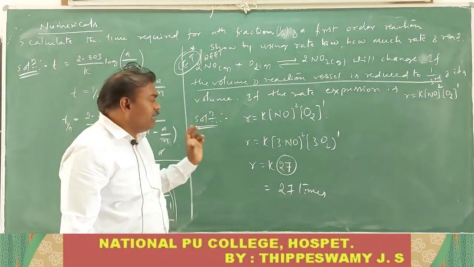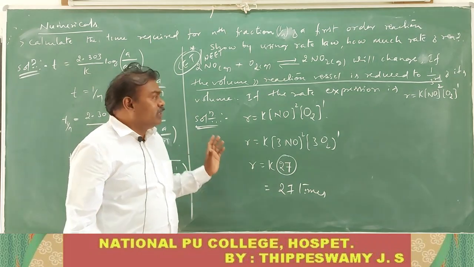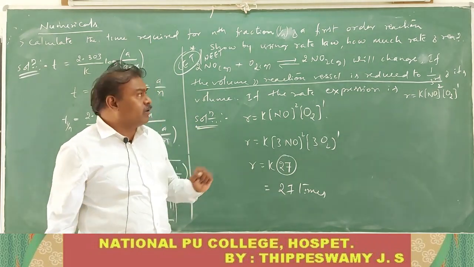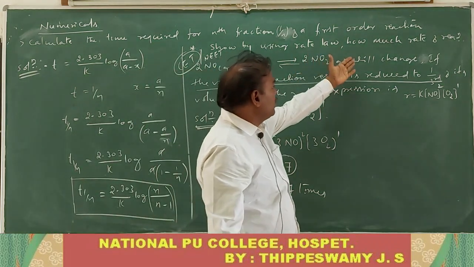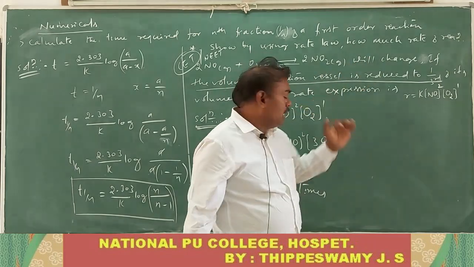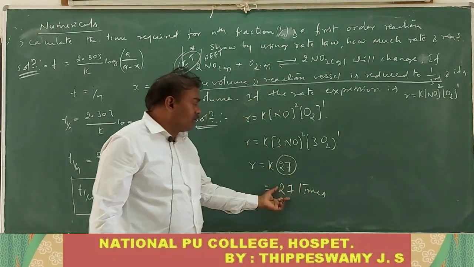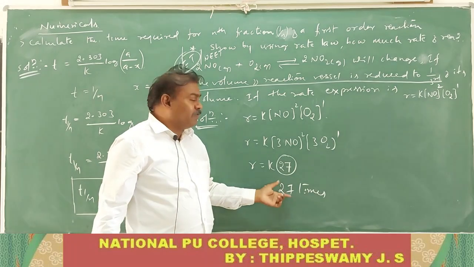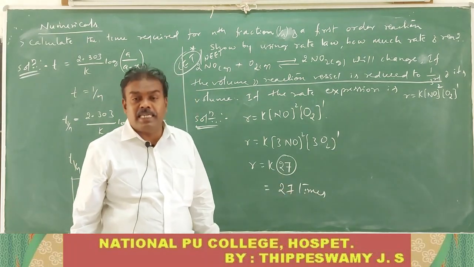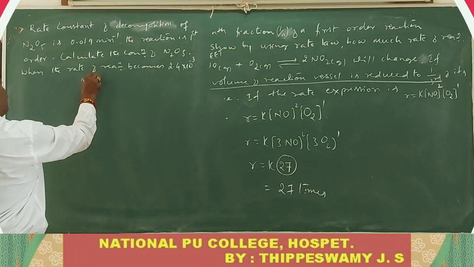In this way we have to understand the concept of this numerical. The question will be like this only: how much will the rate of reaction change? The rate of reaction will change 27 times, the rate of formation of the product will be increasing. Following all of you?